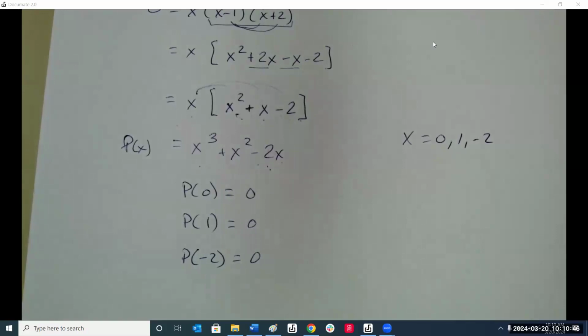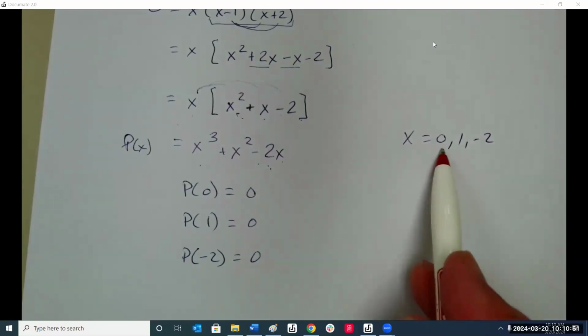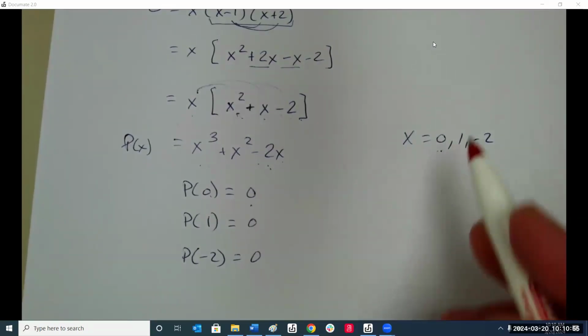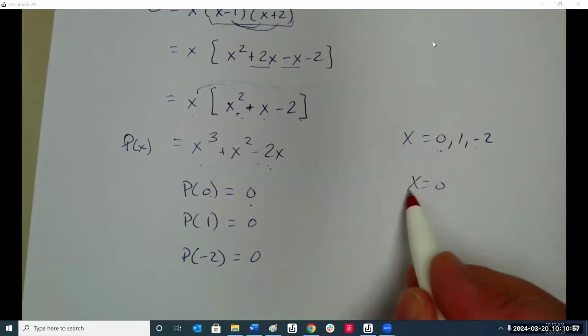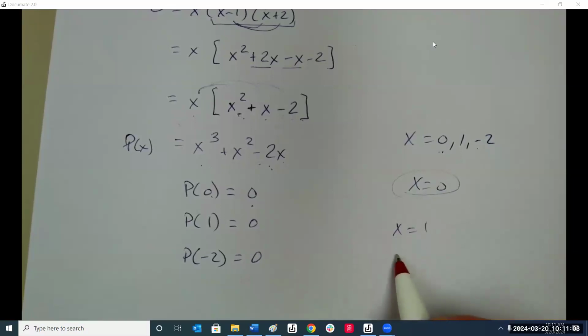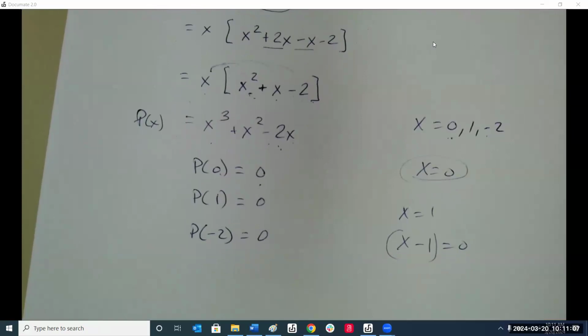So again, I'm trying to force something in your head now. If I have a number and you plug it in there, it gives me 0. That means that this is a factor of my polynomial. If x equals 1, then I know that x minus 1 is also a factor. This is where we're going in this chapter, but I just want to show it to you while it's still fresh in your heads.